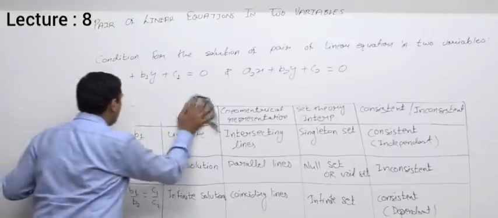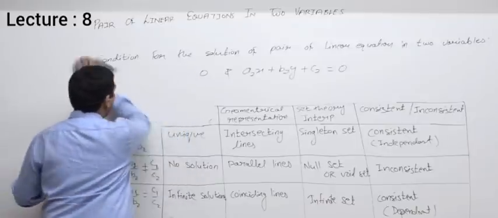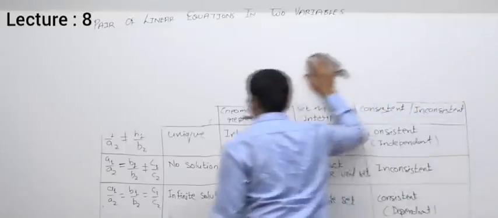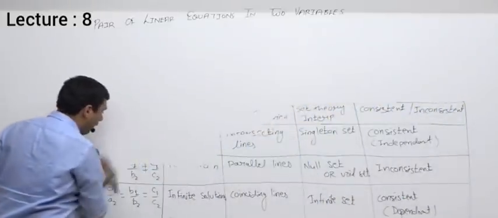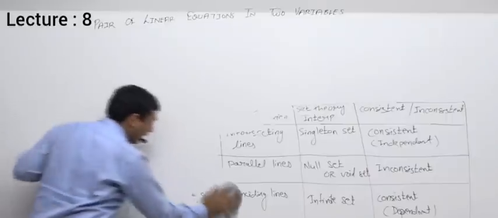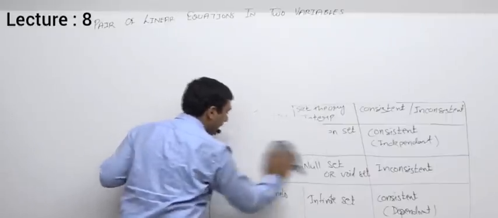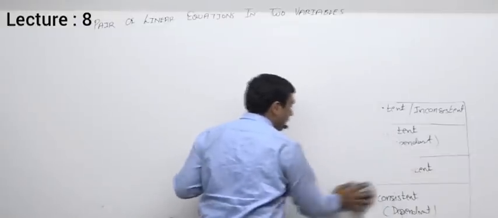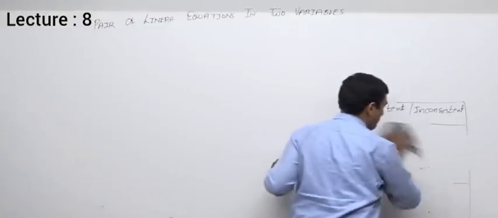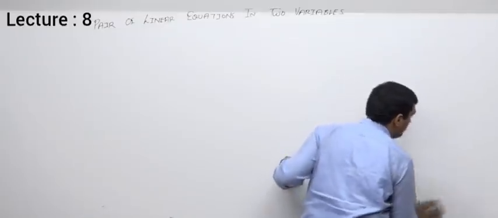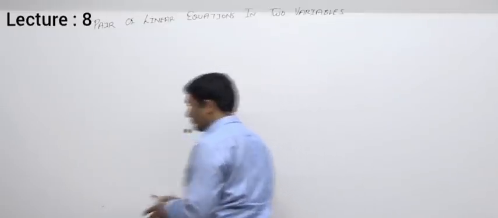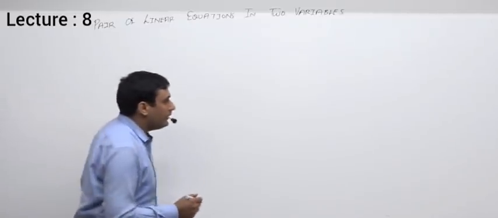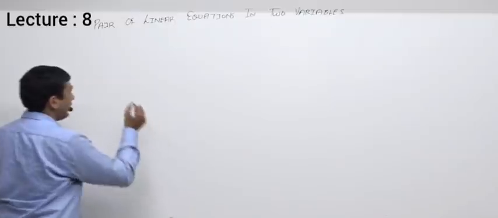Two equations are given to you, and you have to identify whether the graph of those two will be parallel lines, intersecting lines, or coinciding lines. So you have to identify the graph of the given pair of equations.